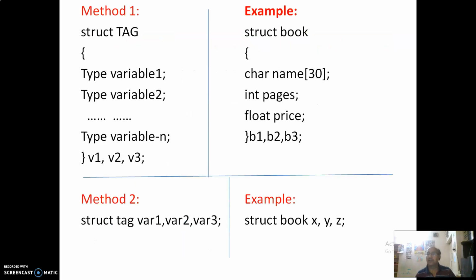See this example: struct tag type variable 1, type variable 2, type variable n. This is the example: struct book { char name[30]; int pages; float price; } b1, b2, b3. These are the variables.